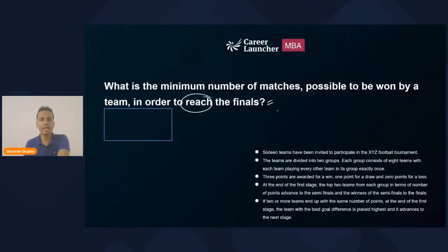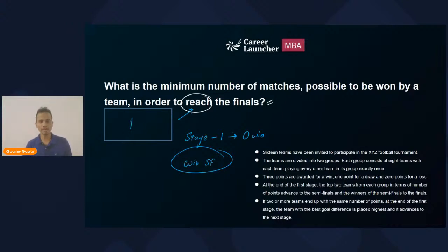So I can say that in stage one, there is no need to win any match. Even zero wins will take you to the semi-finals. Now you just have to win the semi-final because it's a knockout round. So you will win the semi-final. That means one match and you can reach the finals.